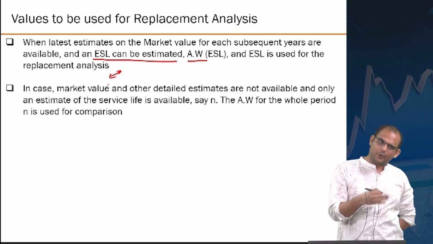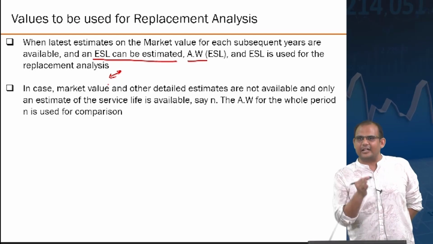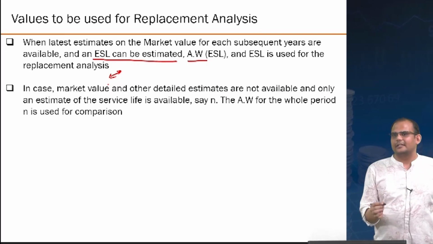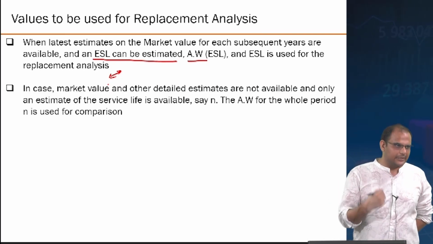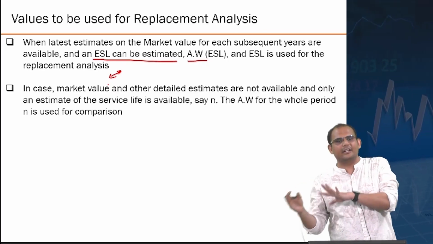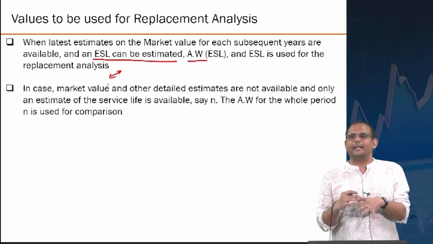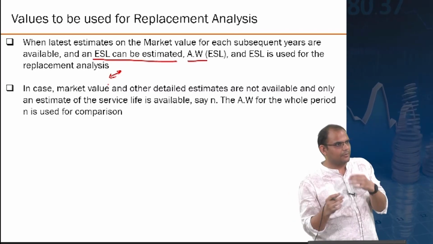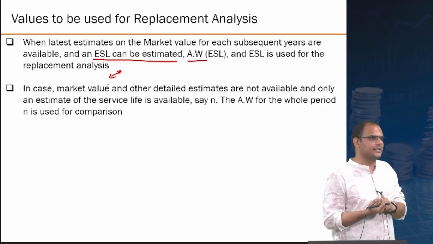It could be possible that the defender's ESL is different compared to the challenger's ESL. The values that you're comparing are the annual worth of each of the defender and challenger for their respective ESL lives. That is the number that you're comparing to make a judgment whether you will replace or not.